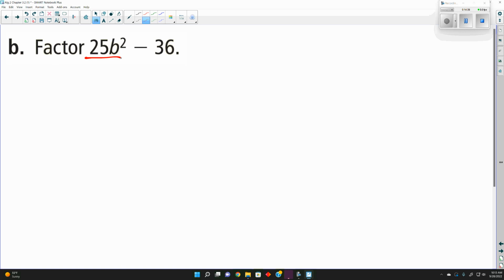What times itself is b squared? So, in our two sets of parentheses, the first term is 5b and 5b, yes? Is 36 a perfect square? It is. And then we just need our signs, positive and negative.